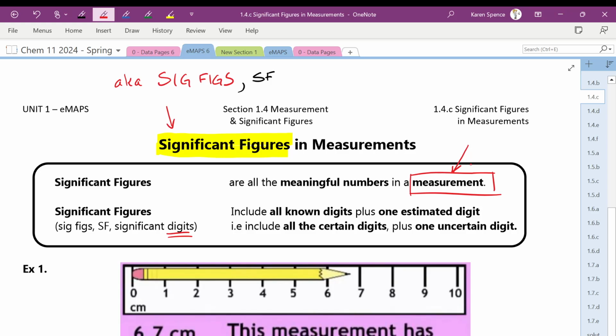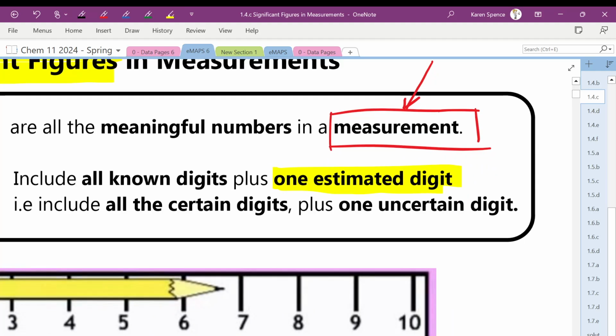And remember, when we're making a measurement, we always want to have that one estimated digit, yes? So it's going to be all of the known digits plus that one estimated digit. And one of the things we get good at in science is counting up the number of significant figures, okay? Significant digits. Another way of saying the known digits is the certain digits.